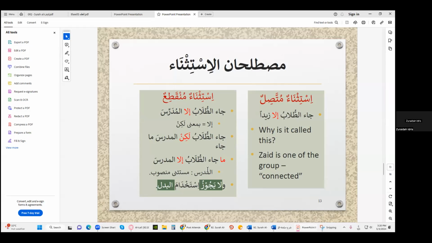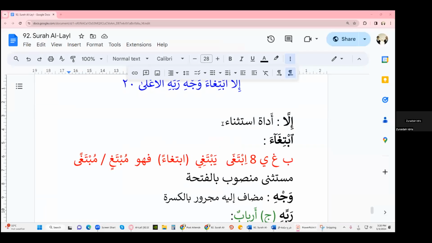It's cut off. Nothing to do with the group that comes before illa, the word before illa. So here as well, we can just add a bit more information. How do I spell that word I said just now, when it's disconnected?